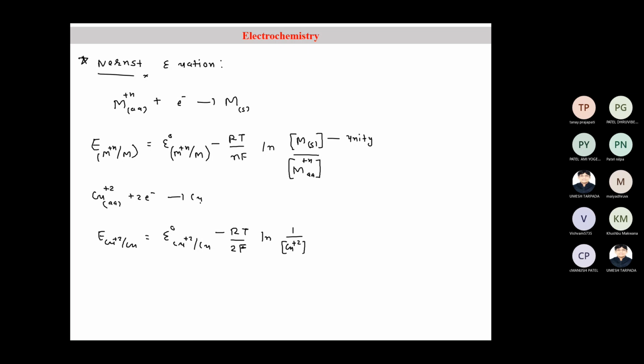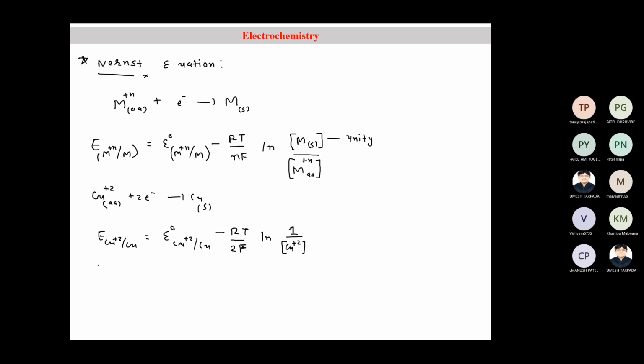See here, copper is in solid form, so its concentration is taken as unity, 1 molar. And copper plus 2 concentration is written as it is. This is the value of the standard cell potential.